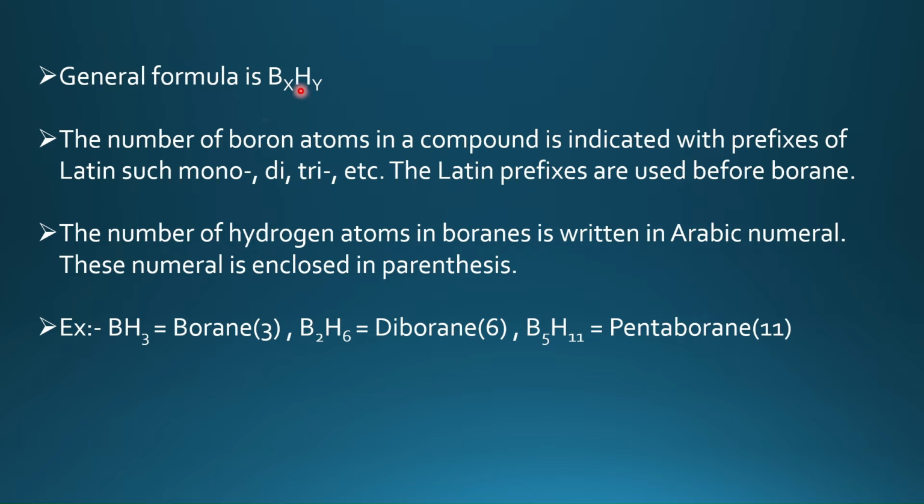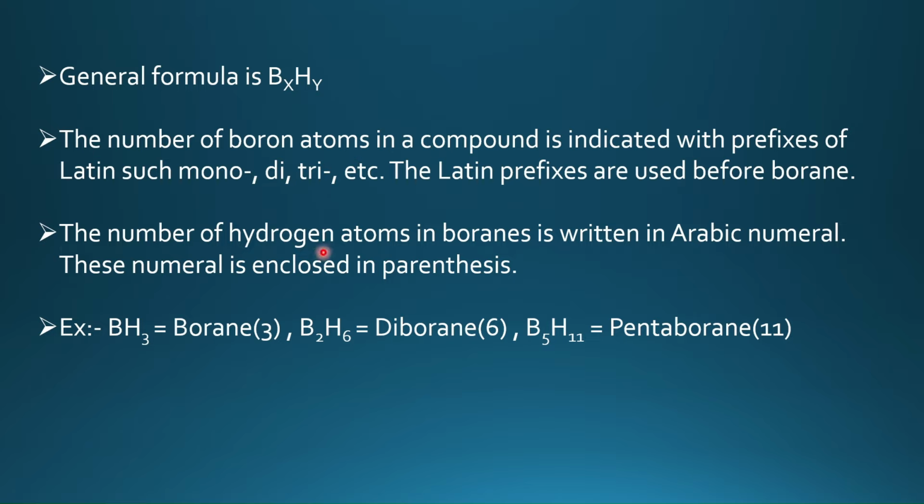The general formula is BxHy. The number of boron atoms in a compound is indicated with Latin prefixes such as mono, di, tri, etc. The Latin prefixes are used before borane.